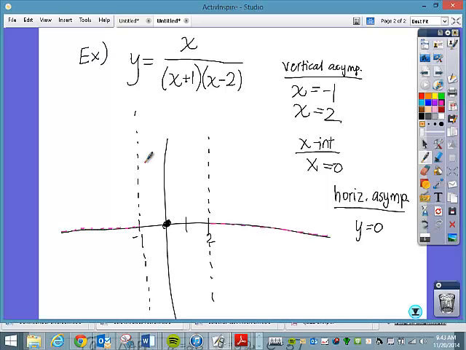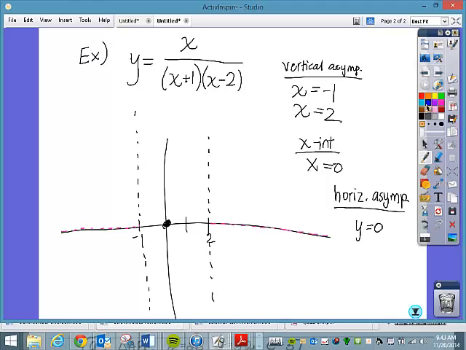So I don't really know how to start my graph. I know that it's going to go through this x-axis, and I know the behavior of my graph when it approaches these vertical asymptotes. Since they're both odd, they're going to go in opposite directions. I'm not really sure how to start it.